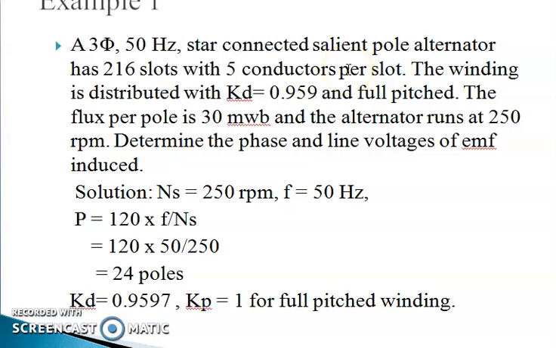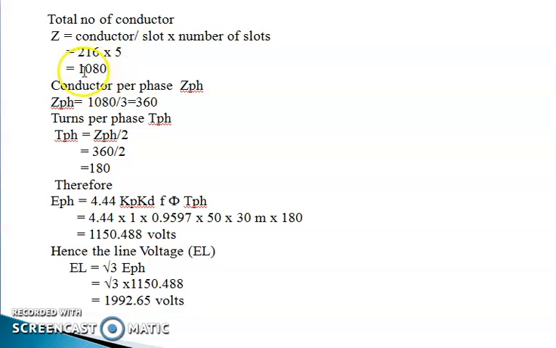How many conductors can be situated in one slot? 5. So how many total conductors? If you multiply 216 by 5, you will get the total number of conductors. So from this we can calculate T, because Z is equal to 2T, or T is equal to Z by 2. So we calculated T equal to 180.